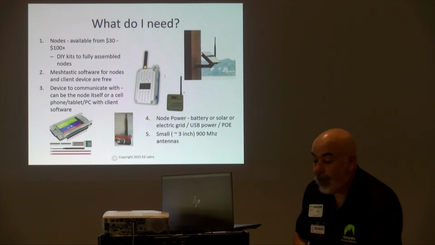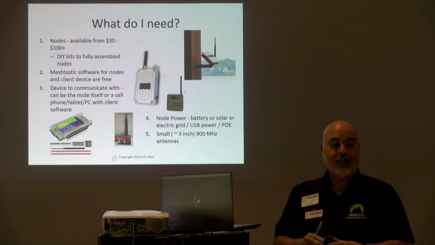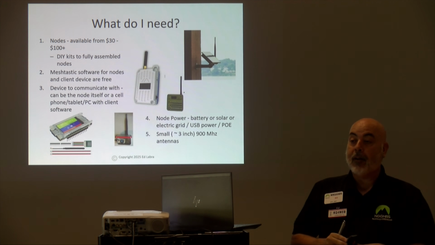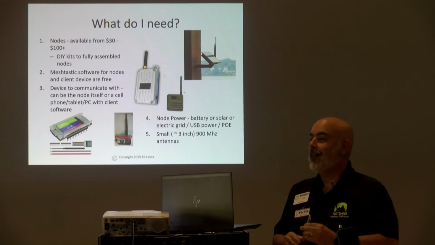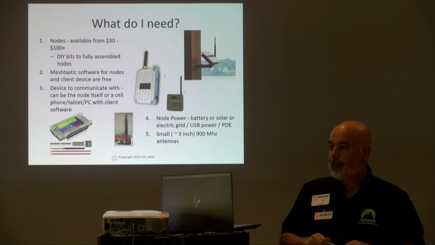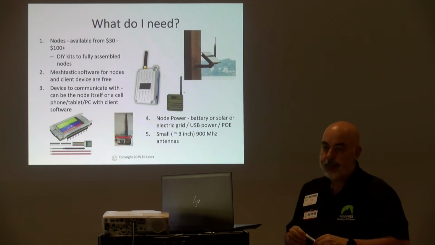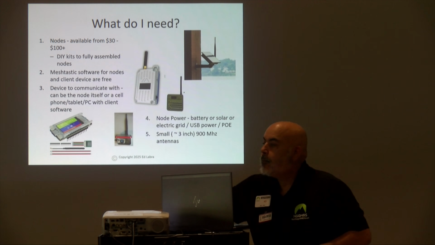Remember Blackberries? This also has a keyboard, all that. This is everything. But this wouldn't have the range of what they're talking about with the solar node, because the solar node would be up on your roof or outside and all that.